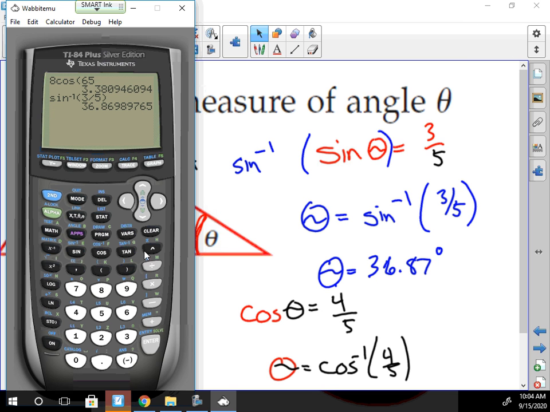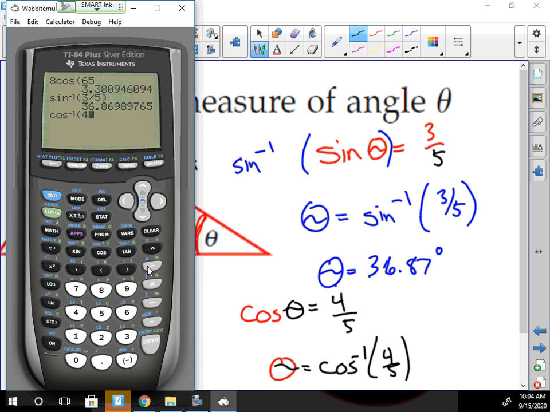So that's a good way of checking to see if you did it correctly if you're given all three. Cosine inverse of 4/5. See, it gives you the same exact thing.